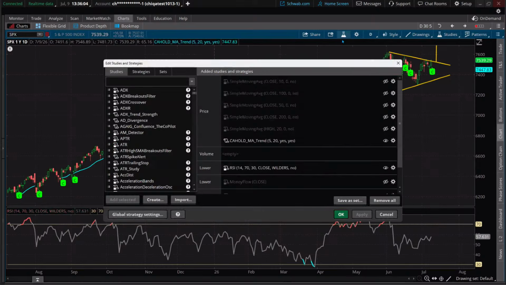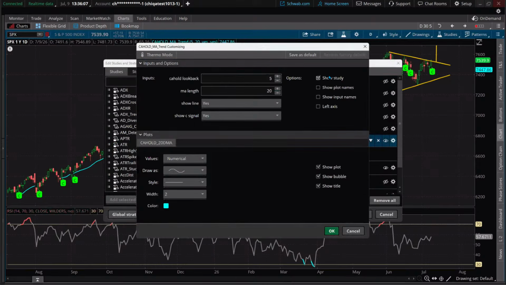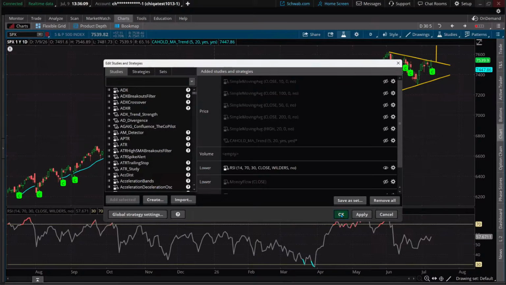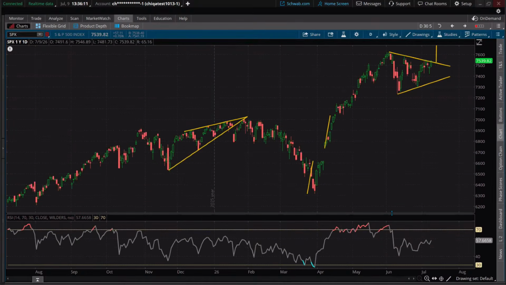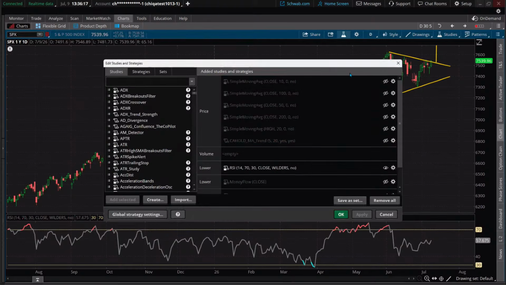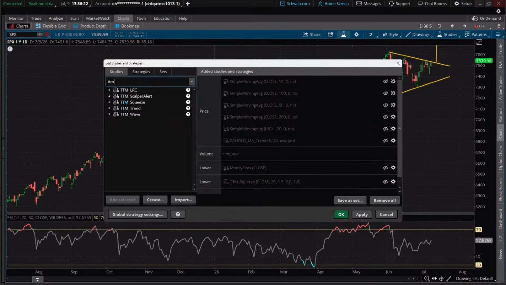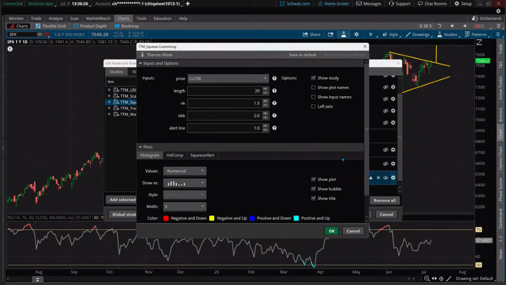I'm going to take this off for now and highlight an interesting element we might be able to tap into from a prior script. If we take off the RSI, I'm going to put in the TTM Squeeze right there. Now, within that squeeze, I'll explain that.